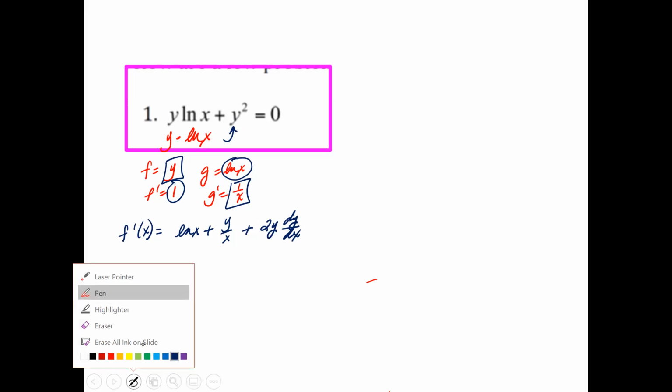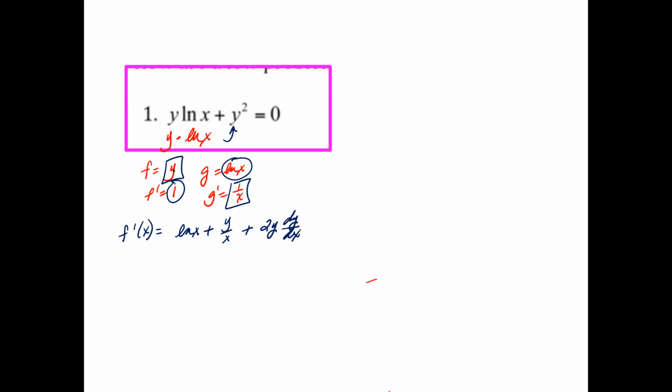In addition, I actually missed one here: the derivative of y is 1, but because of that, there has to be a dy over dx. So when you do f prime times g, there is actually a dy over dx in front of that. Just make sure you don't forget that. This equals the derivative of 0, which is just 0.